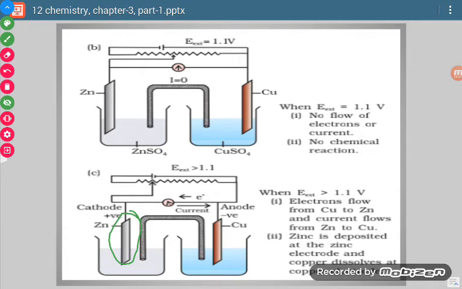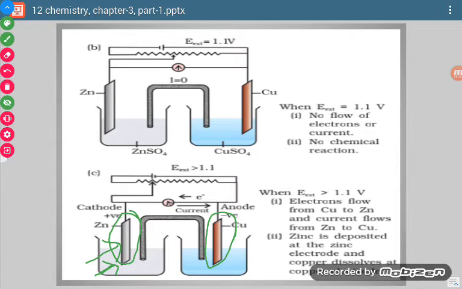Now copper will start dissolving, it will start as undergoing oxidation. Okay. And it will start undergoing reduction, means those ions which were present inside this, those ions will undergo reduction. So our anode half cell will become cathode and cathode half cell will become anode. Okay. Now current direction and electron direction will also reverse.